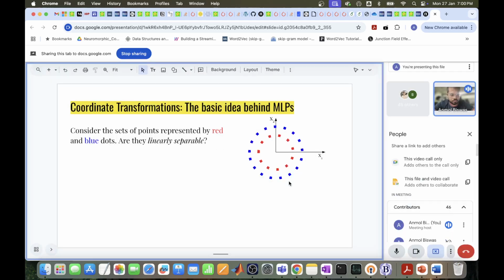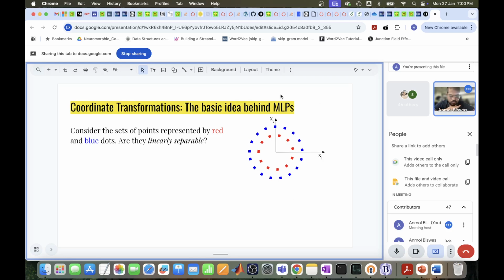And why are we able to do this? One of the ways you can consider why we are able to do this is the idea of coordinate transformations, right?